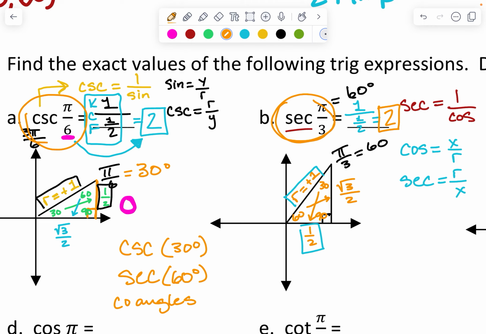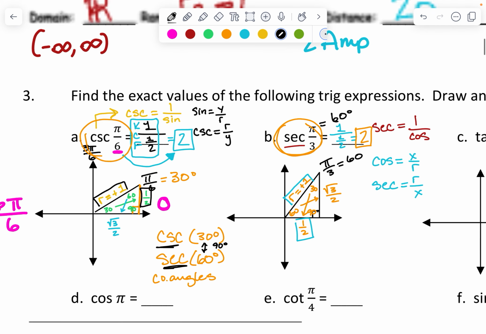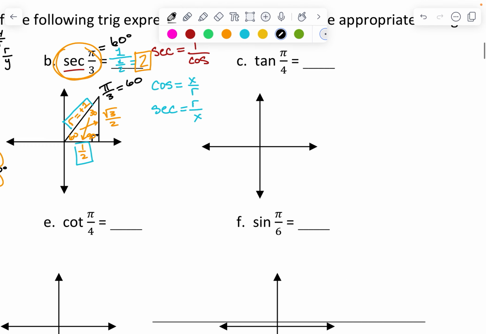We just learned a couple of lessons ago that these cofunctions of complementary angles are equal. 30 and 60, you see, are complementary, they add up to 90. So anyway, that's why those two are equal.